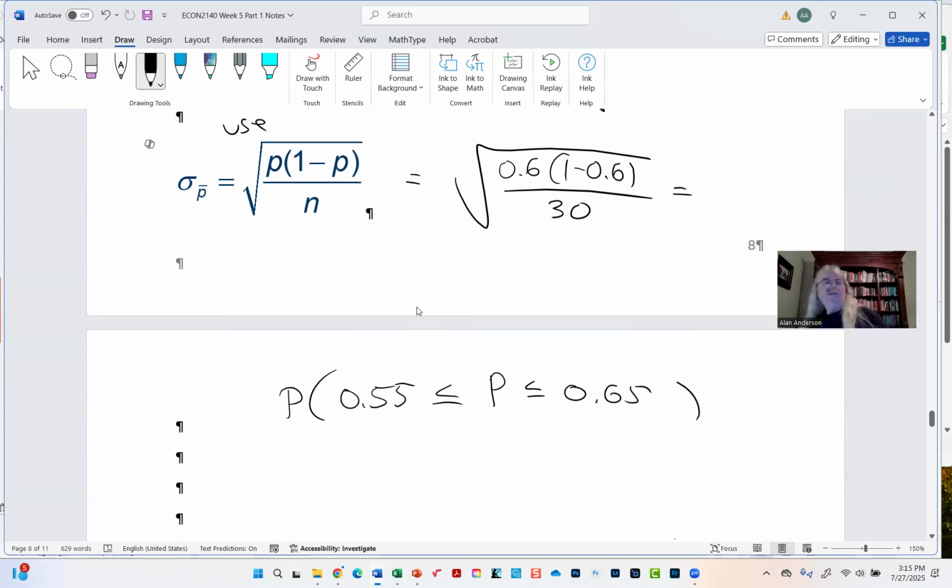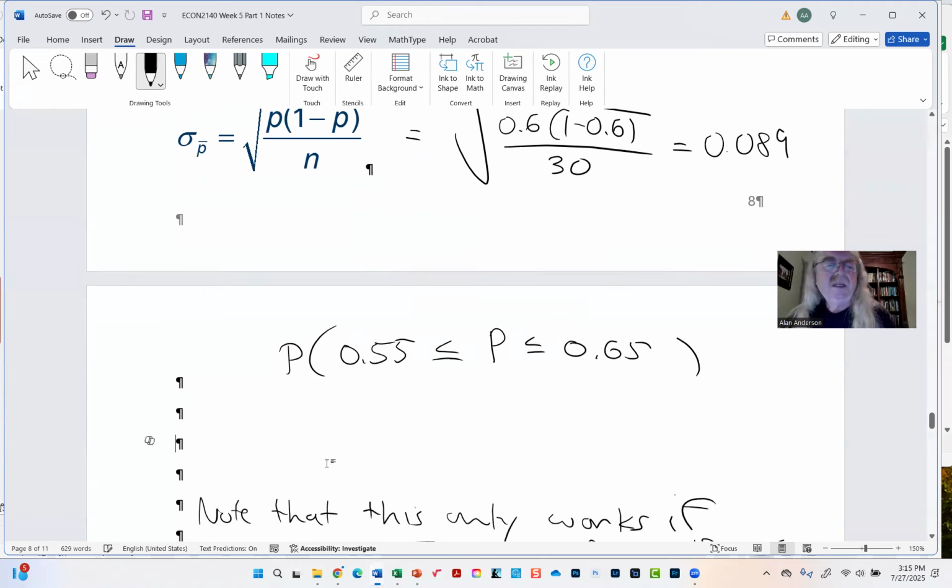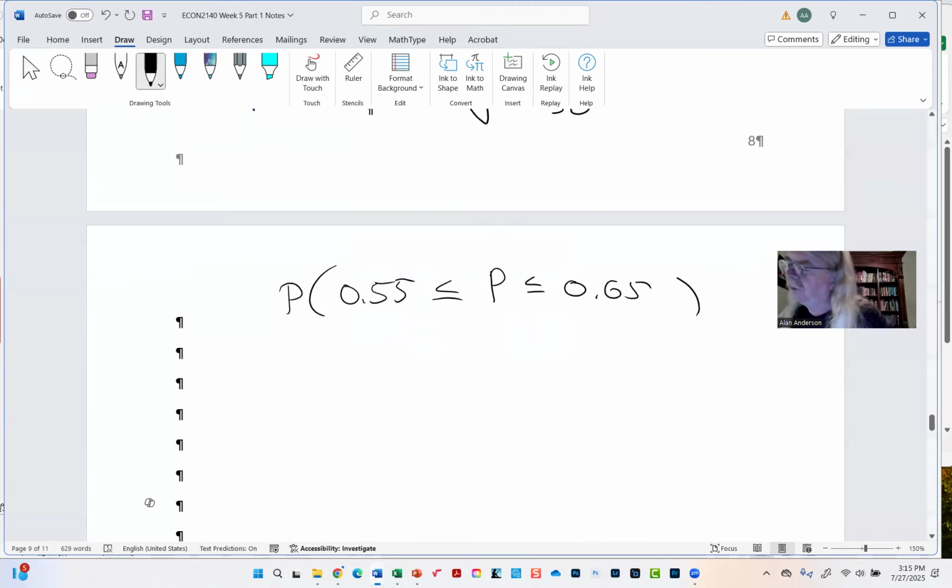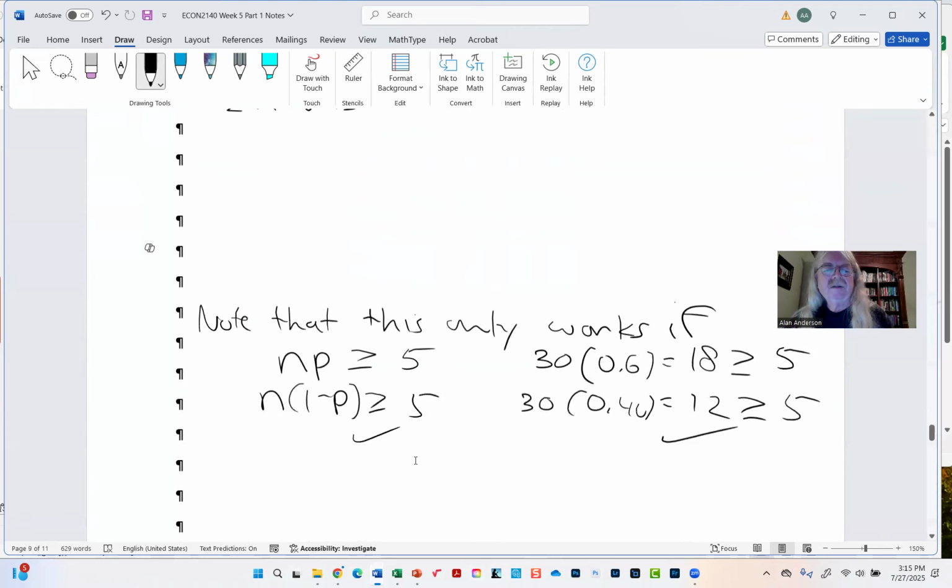The standard deviation is the square root of 0.6 times 0.4 divided by 30. That's about 0.089. That's close enough. So you're going to go to your calculator, and as before... Oh, by the way, one more thing. I'll add this at the bottom here.